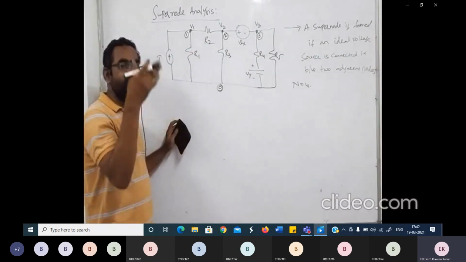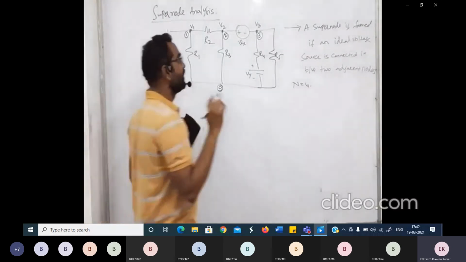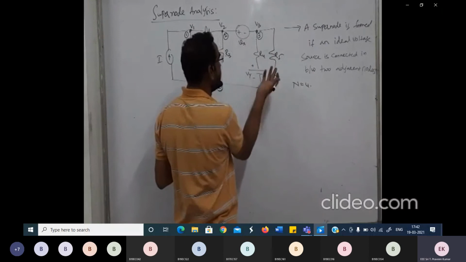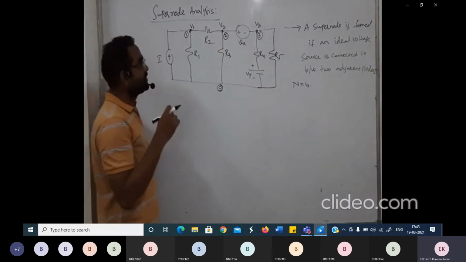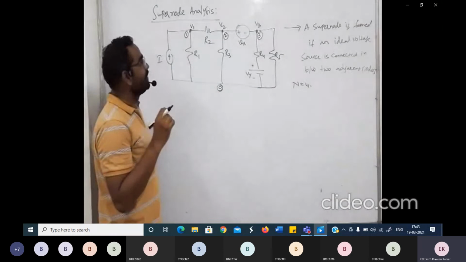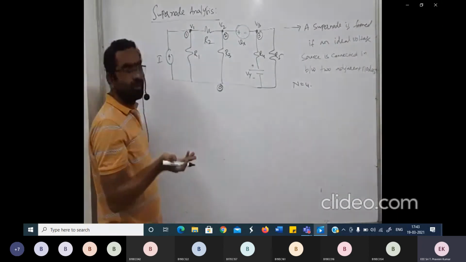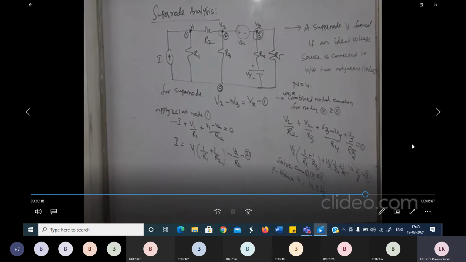If you go for I equals V by 0, you will get infinite current, which is not possible. So that's why we cannot write the nodal equation for a super node. What we do is write the equations separately. For example, take this node, this is an individual node, I can write the nodal equation.